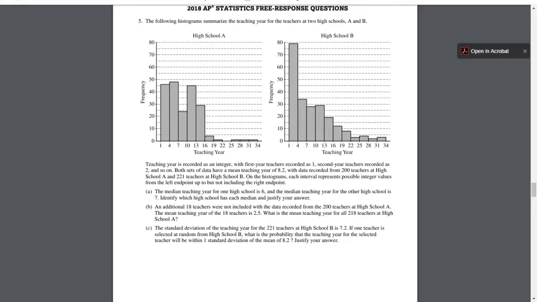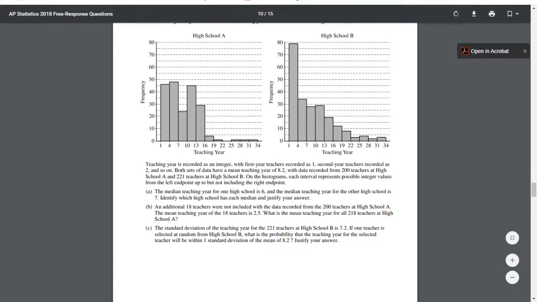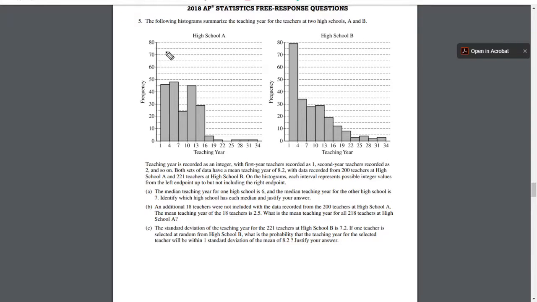So there's 200 here, and there's 221 here. So basically we're looking for 100 to 101 over here, and we're looking for 111 here.